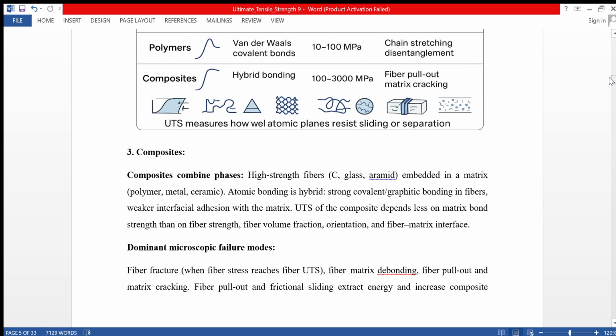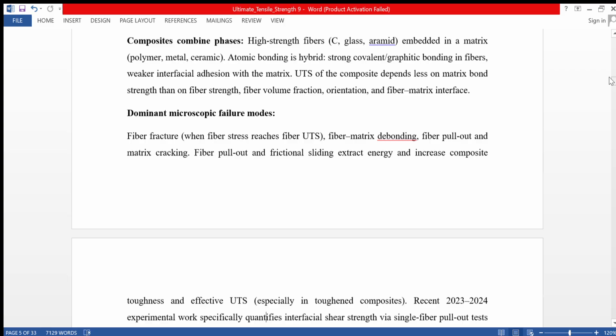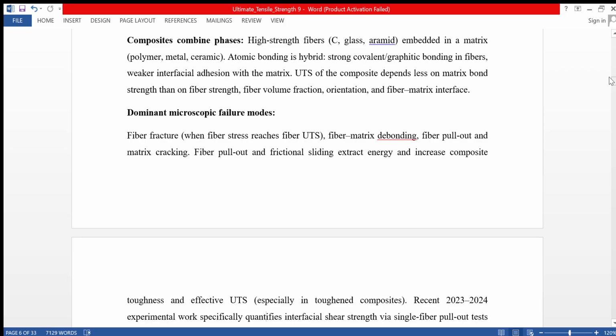Dominant microscopic failure modes: fiber fracture, fiber matrix debonding, fiber pullout and matrix cracking. Fiber pullout and frictional sliding extract energy and increase composite toughness and effective UTS.